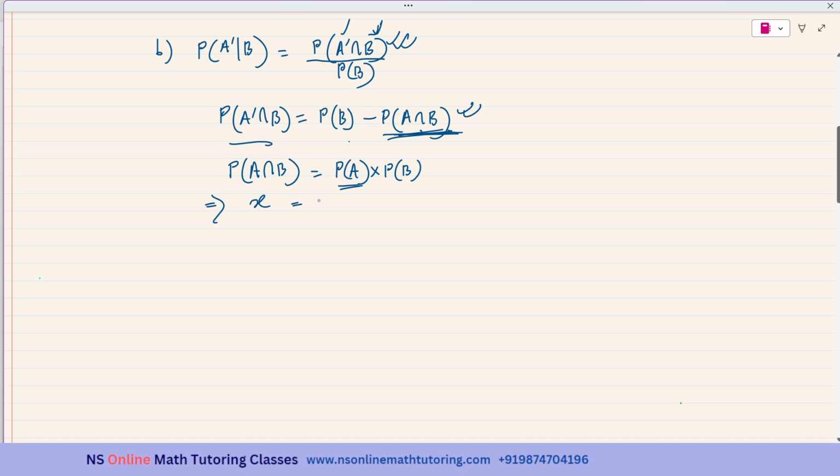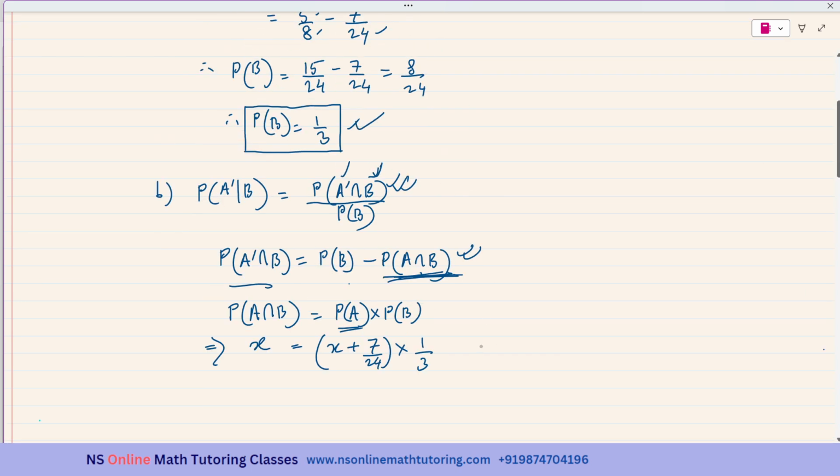So, in place of P of A, I am writing X plus 7 over 24 times 1 over 3, because P of B is equal to 1 over 3. Okay, and 7 over 24 is what? P of A intersection B prime is equal to 7 over 24, given.